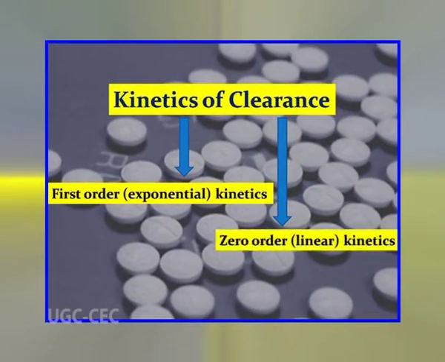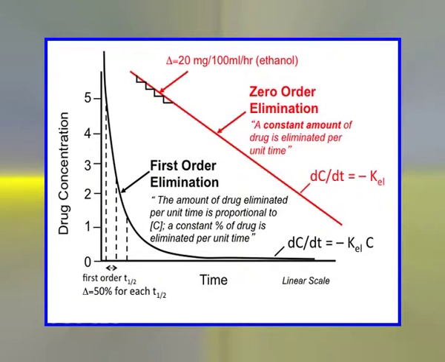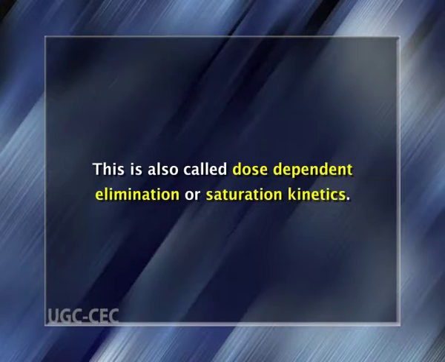Zero order or linear kinetics. In this system, the rate of elimination of a drug or rate of drug clearance remains constant irrespective of its plasma concentration. It means a constant amount of the drug is eliminated in unit time. This is also called dose dependent elimination or saturation kinetics.